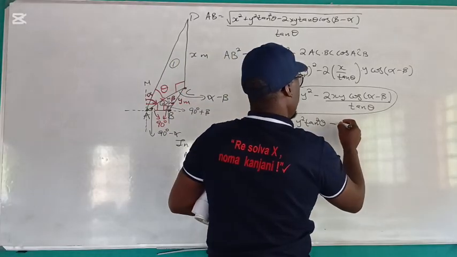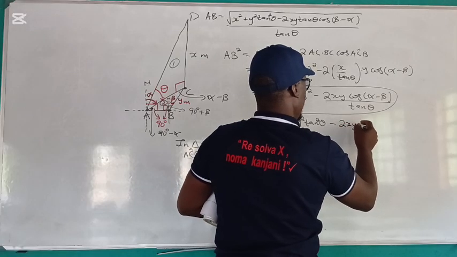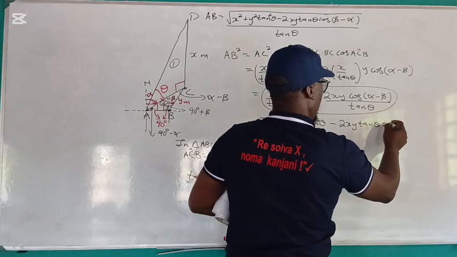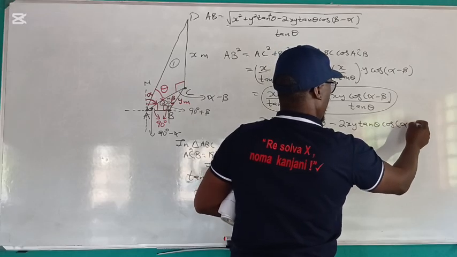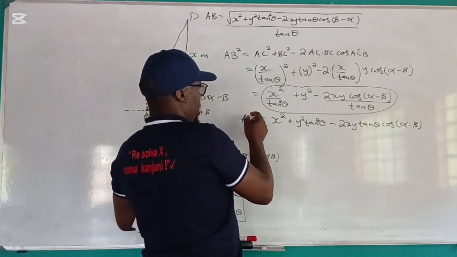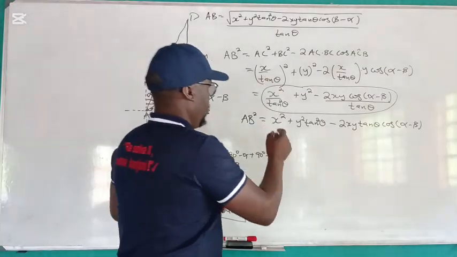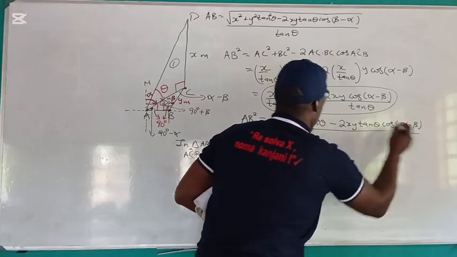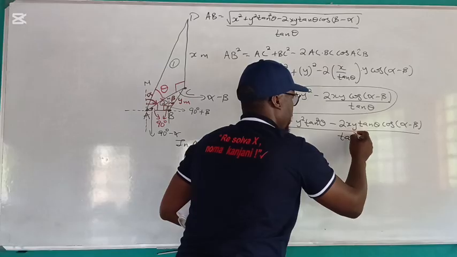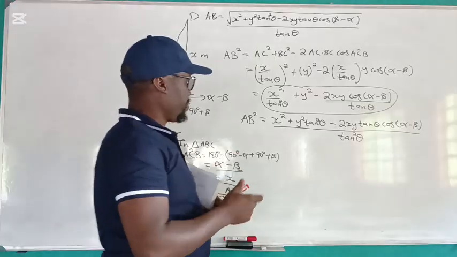So I'm going to get twice xy by tan theta by cosine alpha minus beta. So this is equal to AB squared, or we should divide everything by tan theta squared. I hope you are still following.